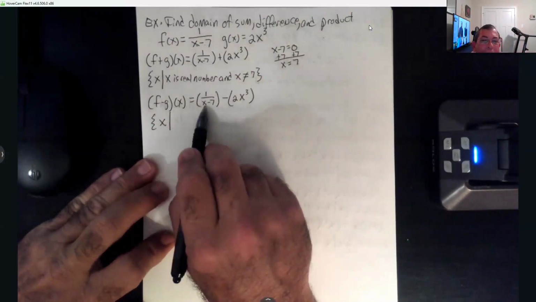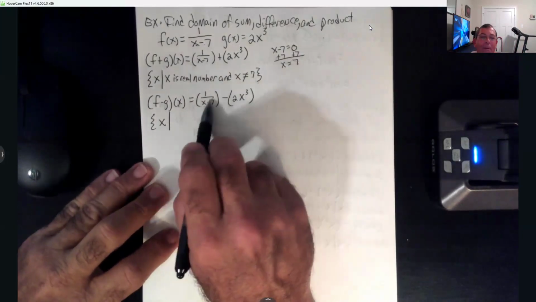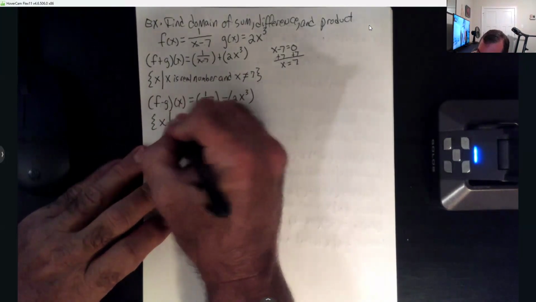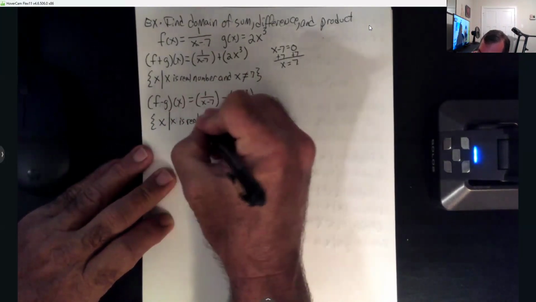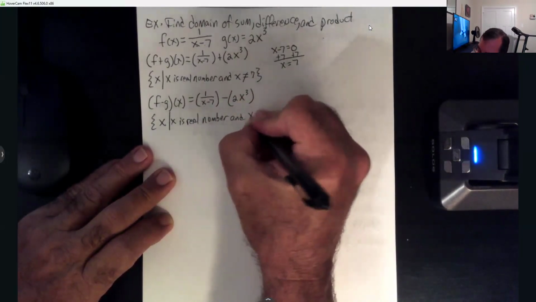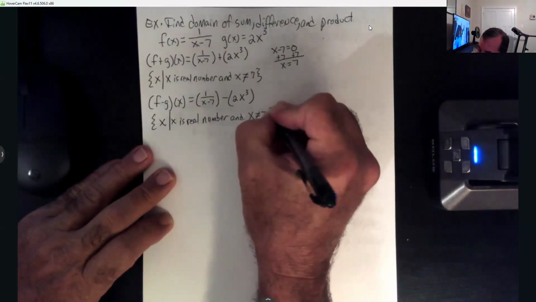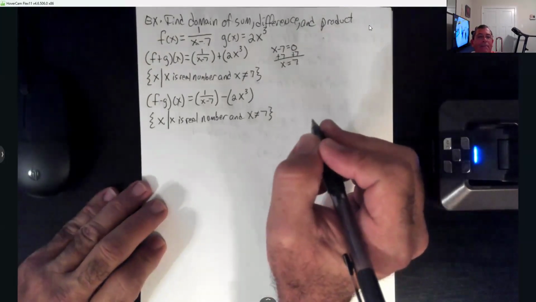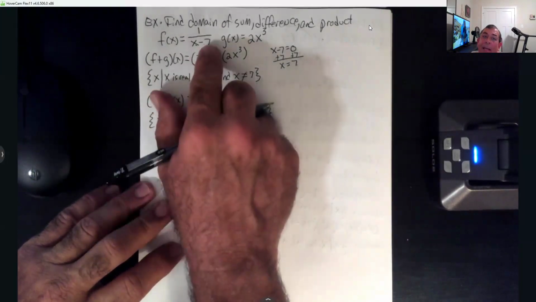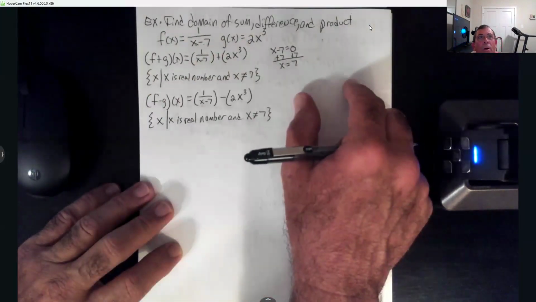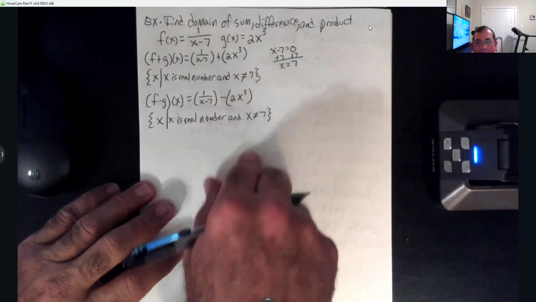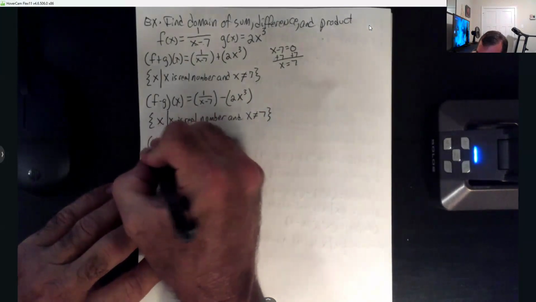I still got the fraction I'm worried about. I can't subtract that from something that's undefined, right? So x is a real number, and my x cannot equal that 7. So just like the one I did a while ago where they didn't give me the fraction, all three of those were all real numbers. Well, all these are pretty much going to be x cannot equal 7s on them, okay?